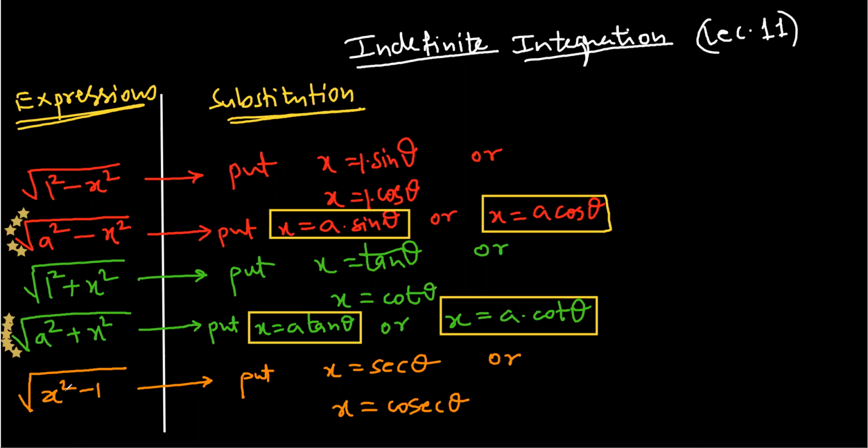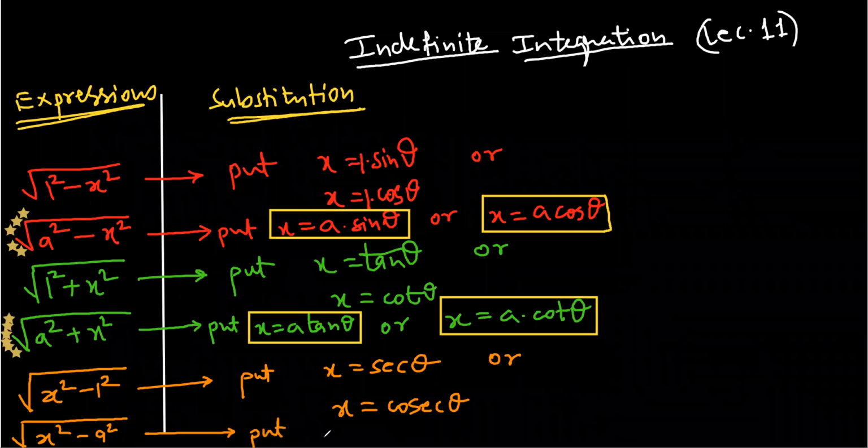And then finally, it is square root of x square minus 1. As I told you, 1 should be treated as 1 square. So here it is square root of x square minus a square. So what would be the substitution?